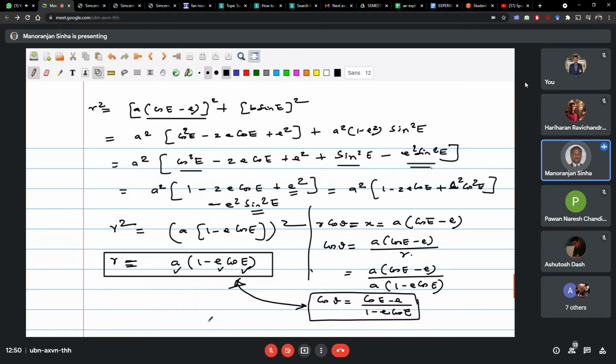The true anomaly theta and eccentric anomaly, these are all physical quantities. Later on we will see the mean anomaly quantity, which is indicated by capital M, and that's a purely mathematical quantity. As such, no physical representation exists for mean anomaly.